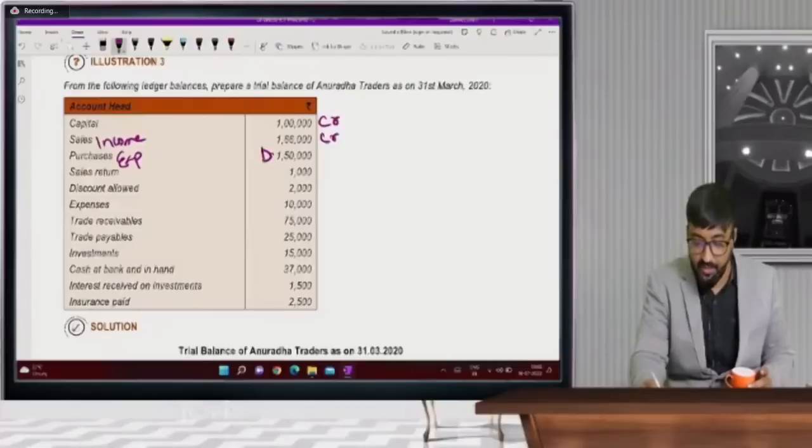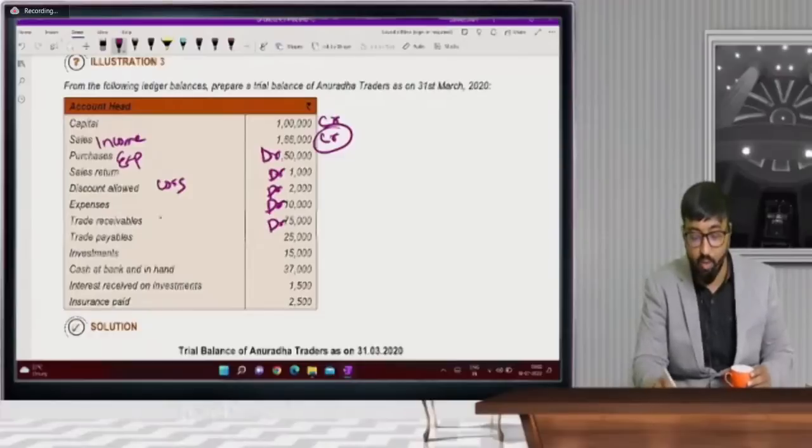Sales return is also debit, because it is the opposite of sales. Discount allowed is my loss, so debit. Expenses debit. Trade receivable debit, the debtor. Receivable means debtor.